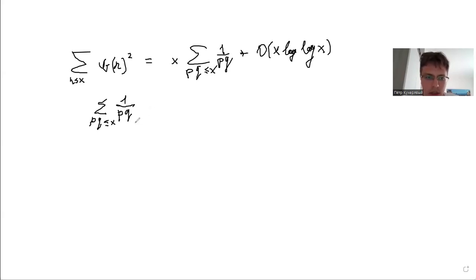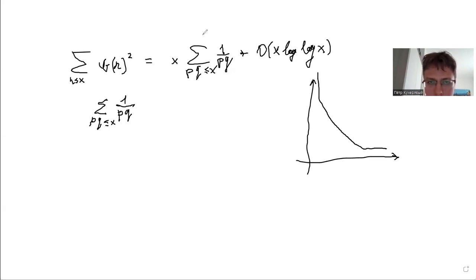Check it. And here I wanted to use the Dirichlet hyperbola method. I said that here we sum over integer points under the hyperbola. Have you seen this picture in the lecture?